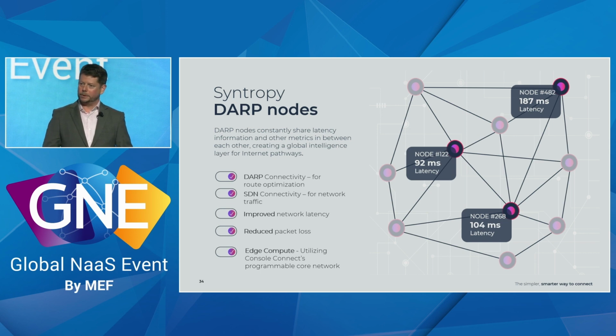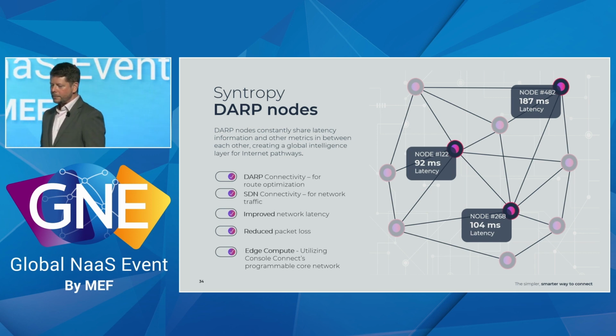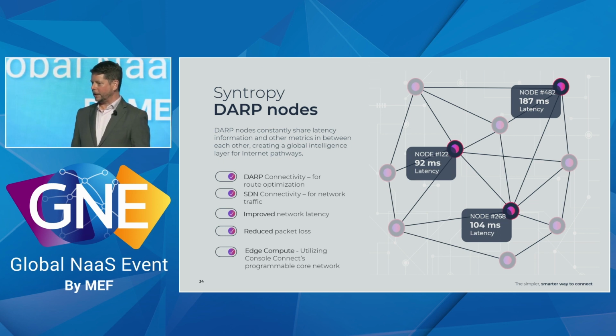So what Syntropy did is they developed a distributed autonomous routing protocol, a directed graph that looked at a variety of attributes that truly determined latency across the network. To do this, they built a directed graph that captured these attributes, not just of latency, but of throughput, jitter, and congestion.